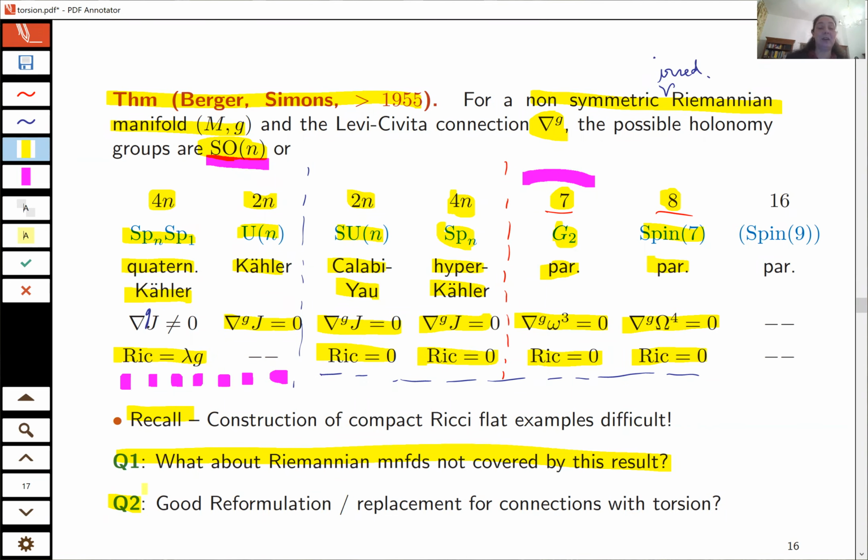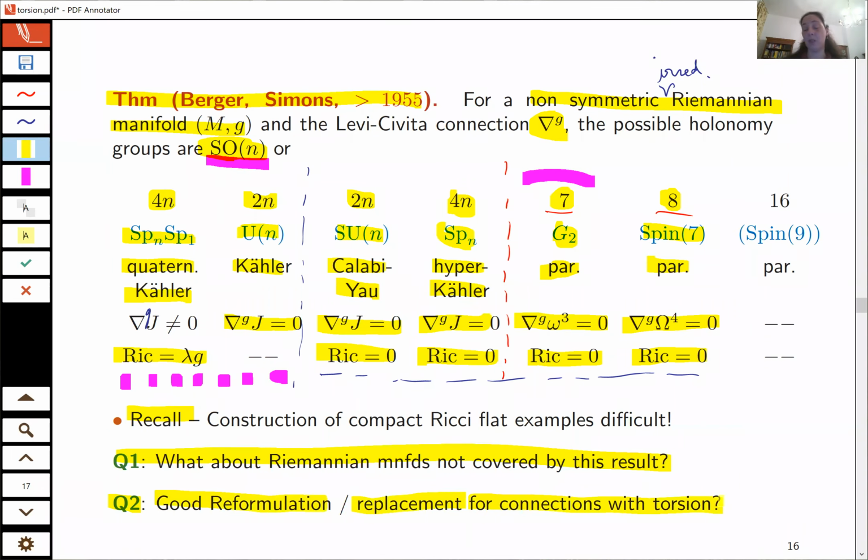So if I cannot expect getting a list of the type I described here, is there anything else I can say qualitatively about the holonomy? So what would be a good reformulation or a good replacement of this theorem for connections with torsion?